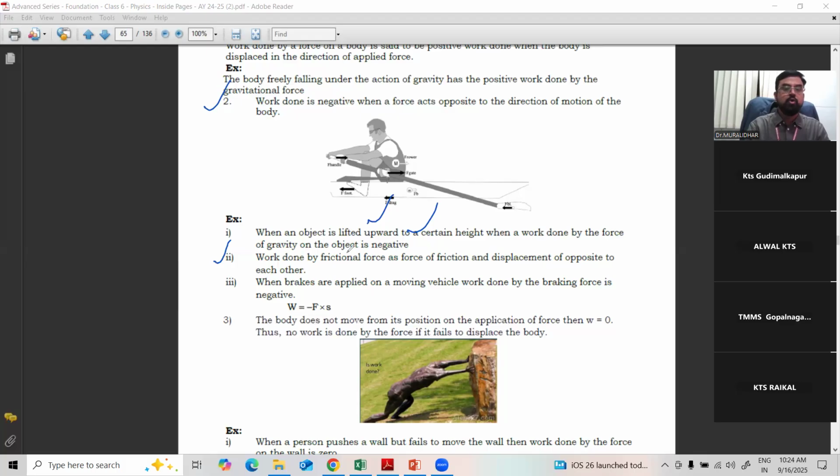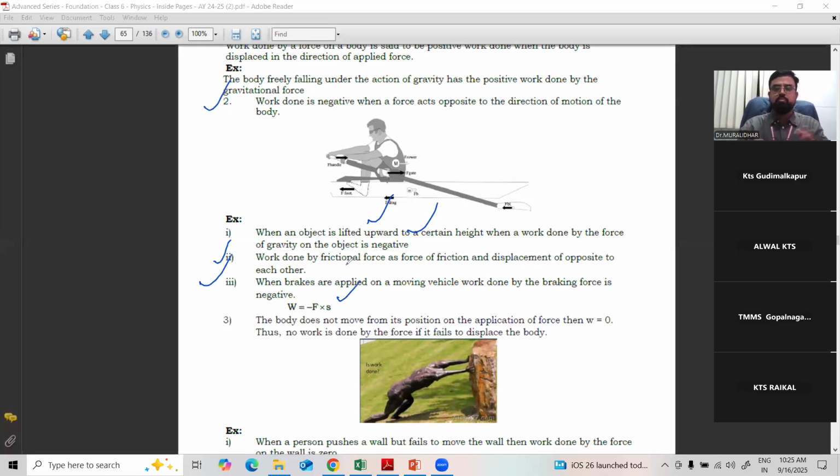The second, work done by frictional force, as friction and displacement are opposite to each other. Frictional force is that which always acts in the opposite direction to the motion. When you are walking, the force will act in the opposite direction, but we are moving forward. Then when brakes are applied on a moving vehicle, work done by the brake force is negative.